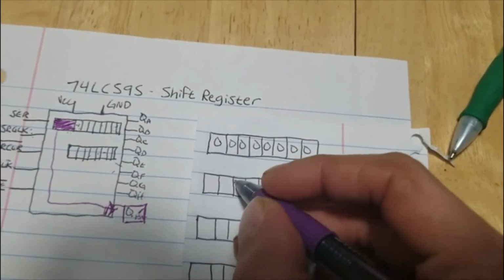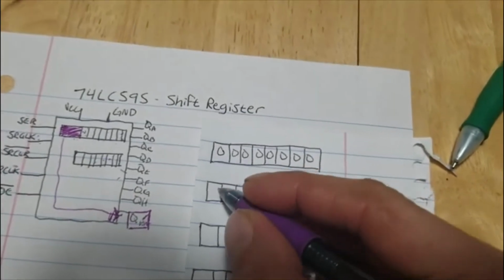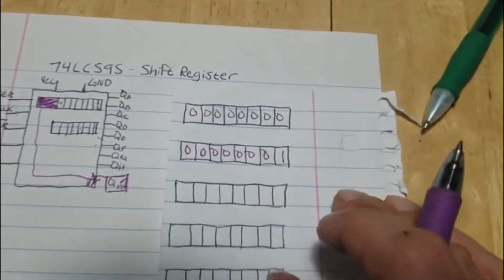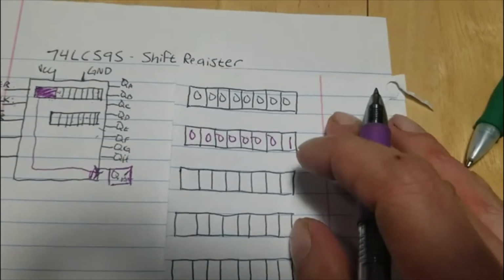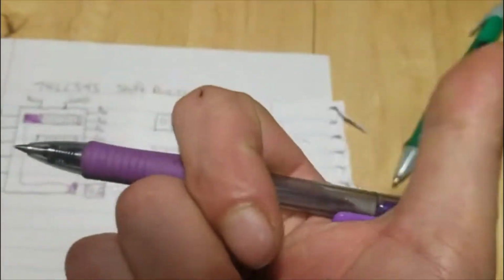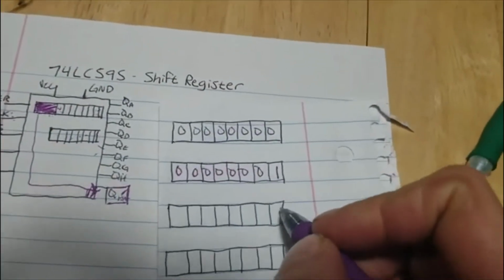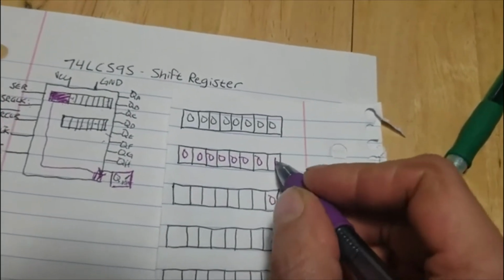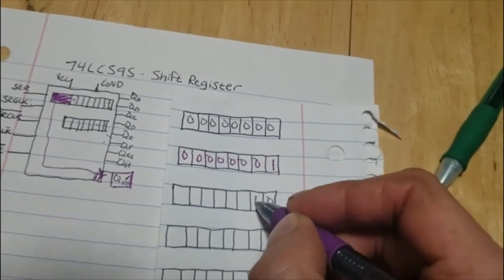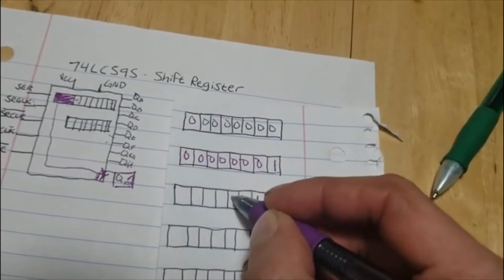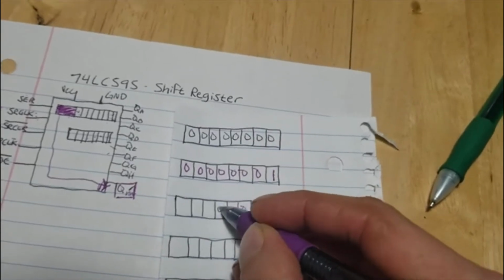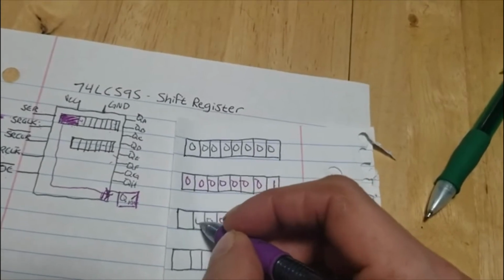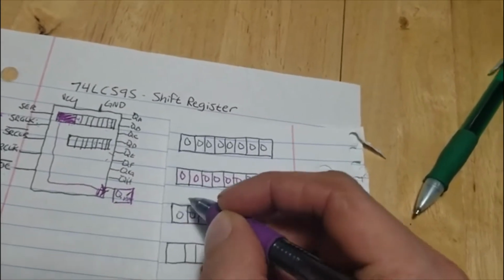And all the input comes from the right and shifts to the left. So if I give it a 0 the next time around, what's it going to look like? It's going to be 0. This 1 got shifted over one, like this. And everything else gets shifted to the left by one spot.